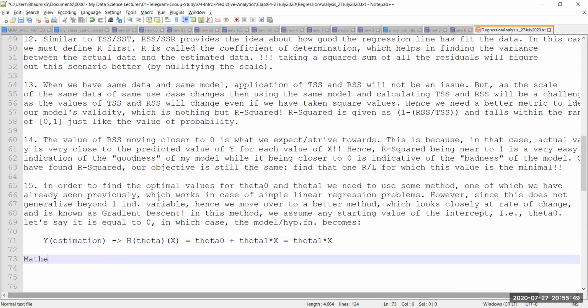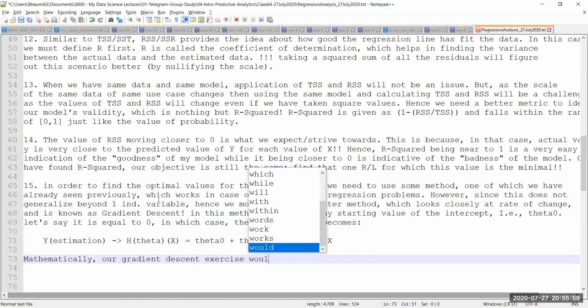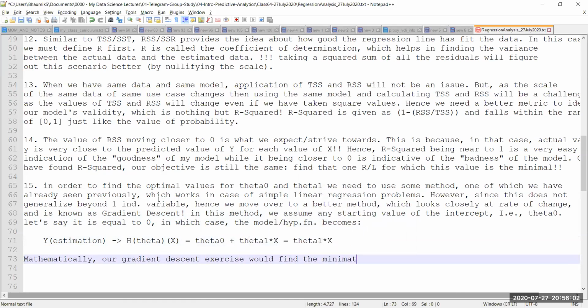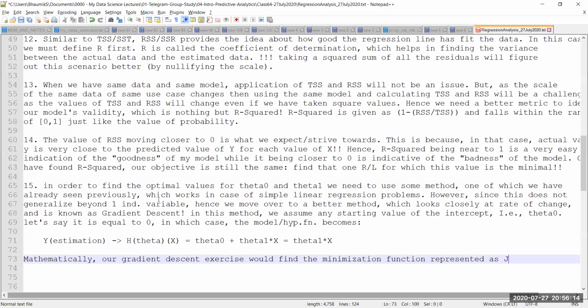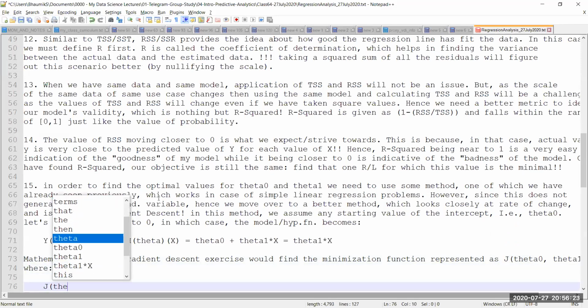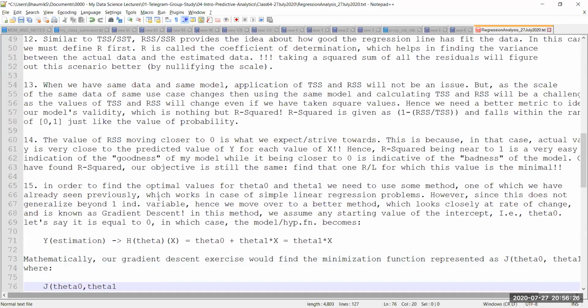Mathematically, our gradient descent exercise would find the minimization function represented as j of theta 0, theta 1, where j of theta 0 comma theta 1 is equal to, as we have seen, 1 by 2m.